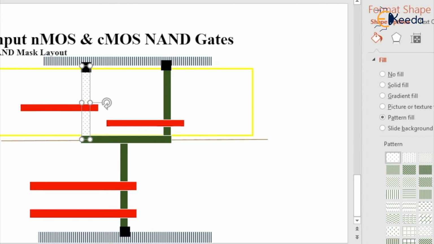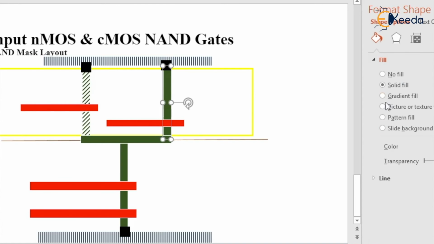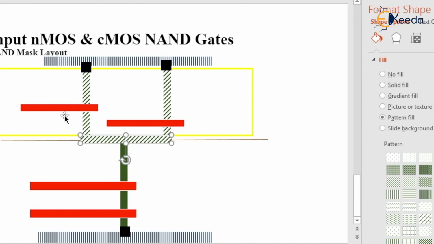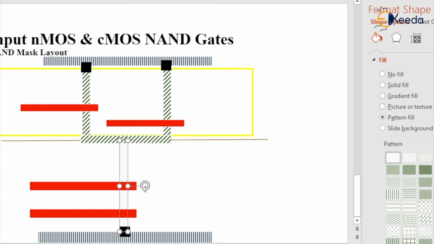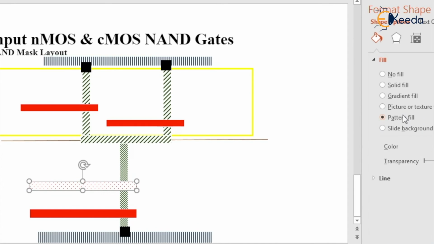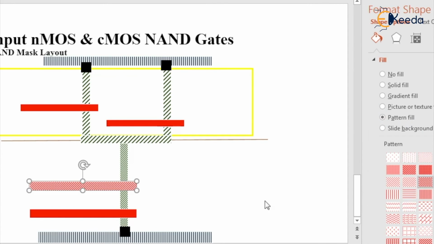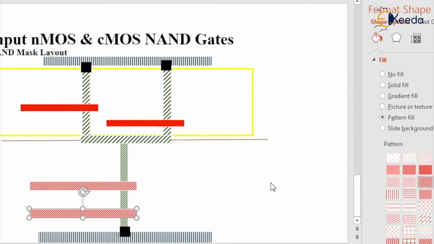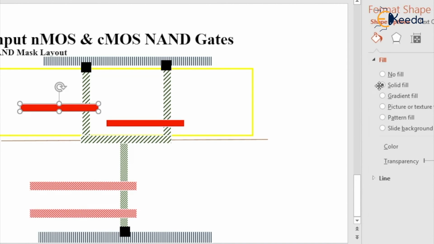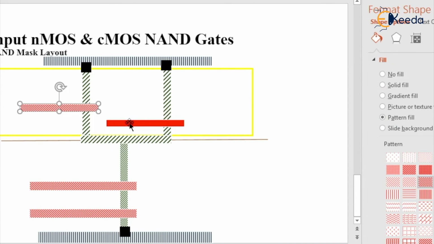This is also P diffusion, and this is also P diffusion, and this is N diffusion. This is poly pattern fill, poly. This is poly pattern fill, poly. This is also poly.